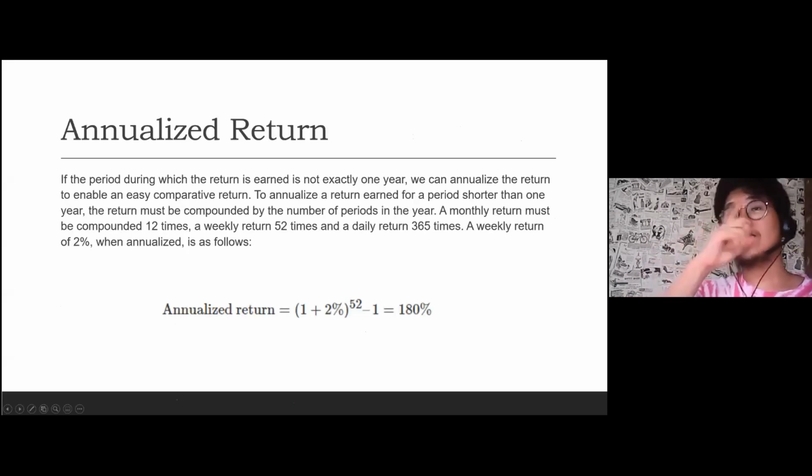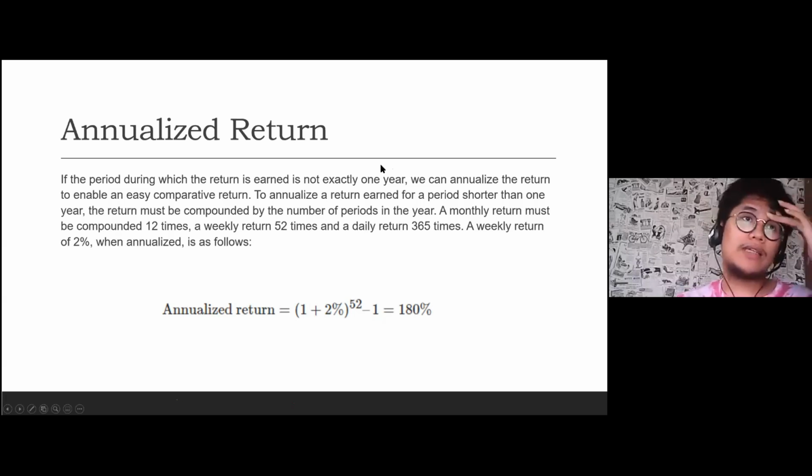So we also have your annualized return here. If the period during which the return is earned is not exactly 1 year, we can annualize the return to enable an easy comparative return. To annualize a return earned for a period shorter than 1 year, the return must be compounded by the number of periods in the year. So a monthly return must be compounded 12 times, a weekly return 52 times, and a daily return 365 times.